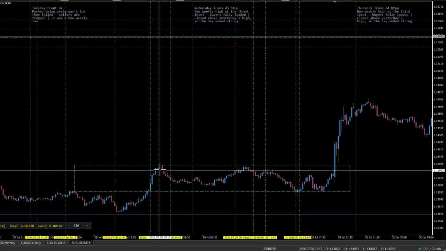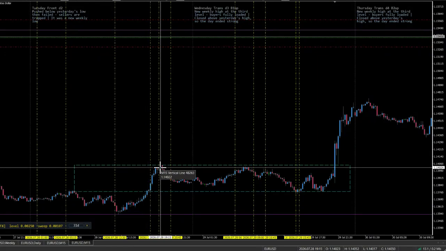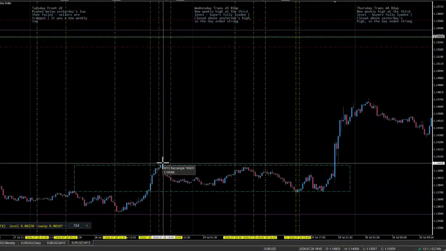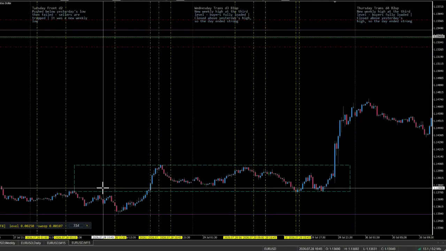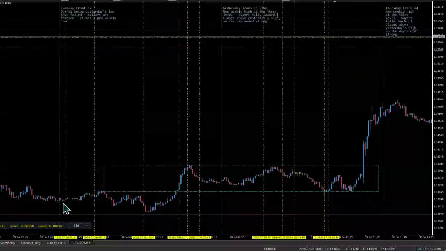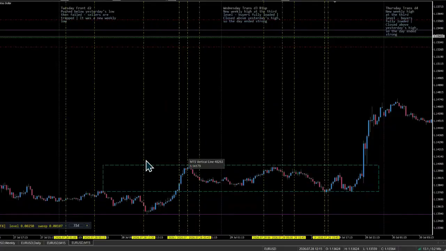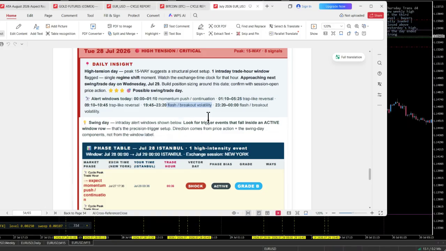Okay, so this is your flash volatility happening. 7:45, and the market is breaking out of that coil on Tuesday. Boom. All right, market breaking out. Good to know in advance. What else? Then I've got a flash breakout, and that's in the closing. Okay, volatility. So we're expecting volatility towards 7:45 to 11:20.